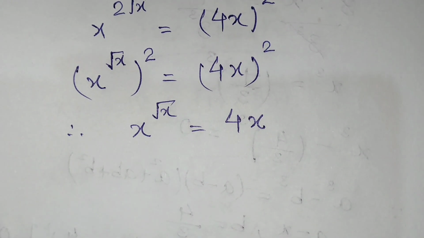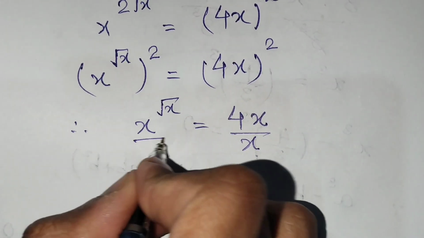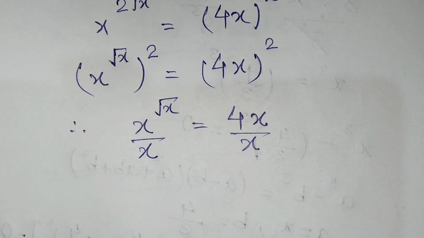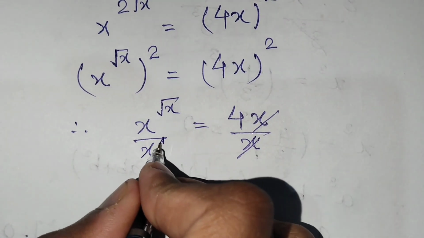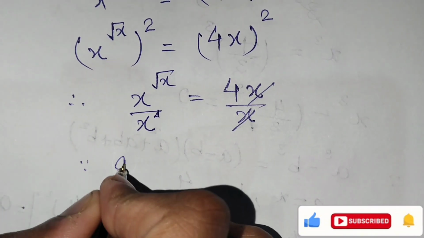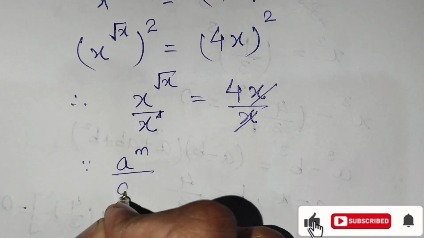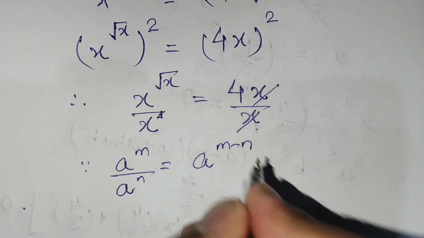Now we have to divide by x on both sides of the equation. x cancels with x, this is x power 1. We know that a power m divided by a power n is equal to a power m minus n.